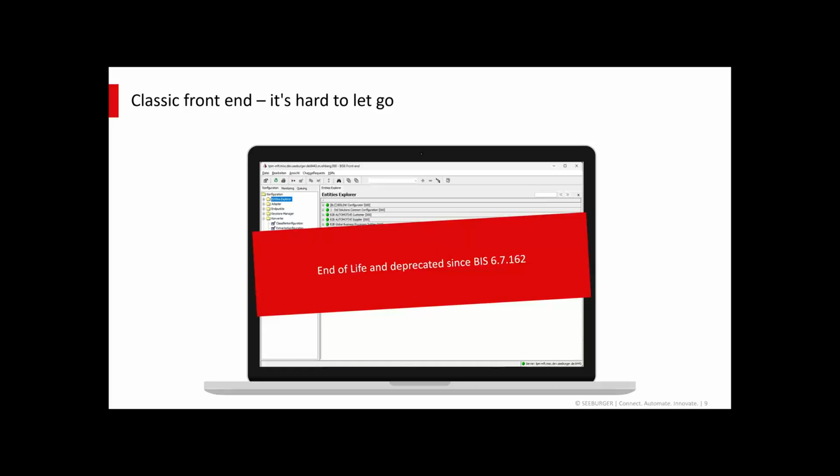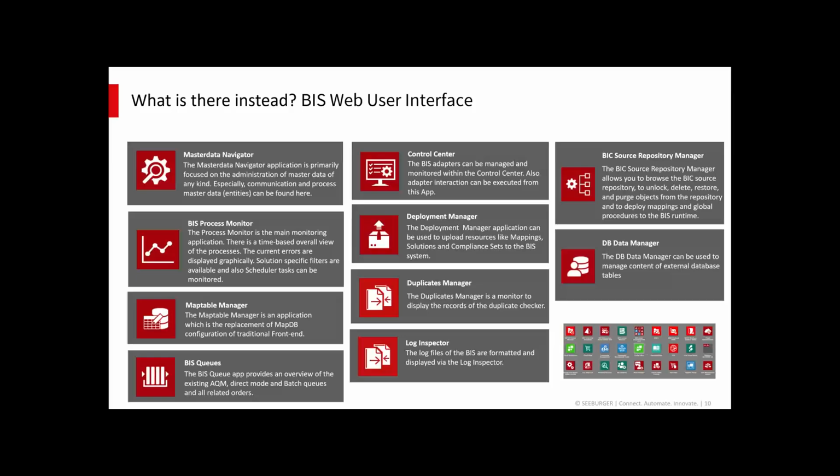Because we have some really great successes, and I want to show you a little bit of the apps which are the successors of the Java frontend and the new functionalities. So what do we have instead? We have the BIS web user interface with many apps, and these apps you see here on the page are the successor apps of the Java frontend.